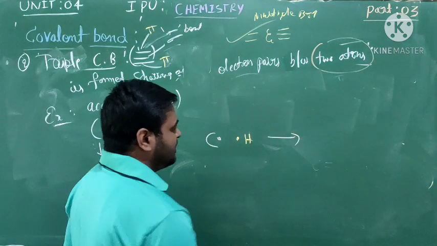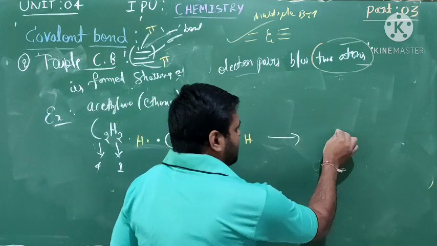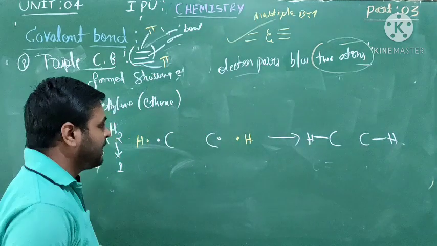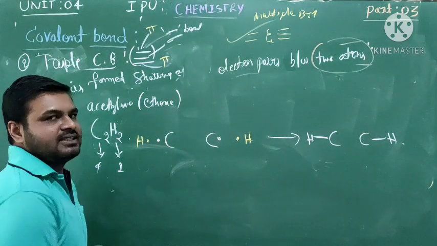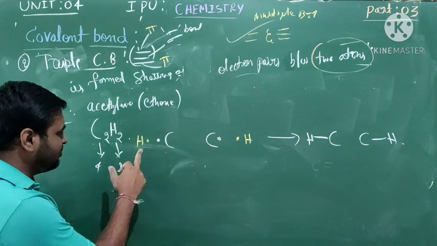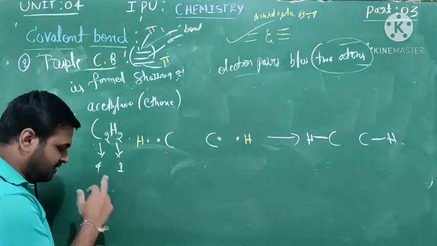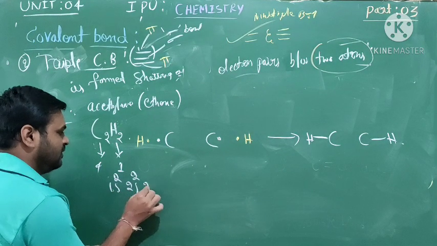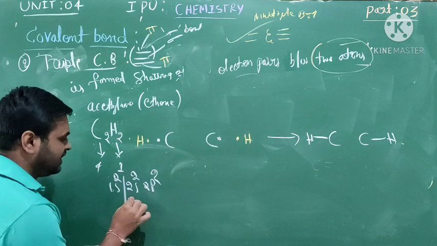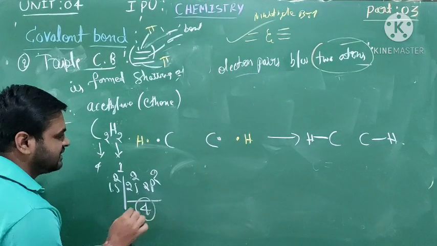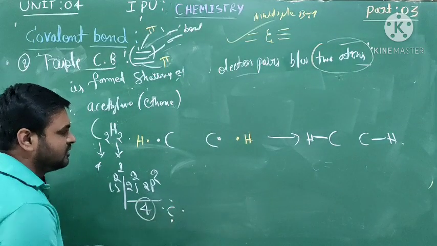That forms a single bond. But between the carbons, what is the carbon capacity? 4 valence electrons. How does it have 4? 1s2, 2s2, 2p2. The outer shell electrons, 2 plus 2, make 4 valence electrons. How do you write the 4 valence electrons?